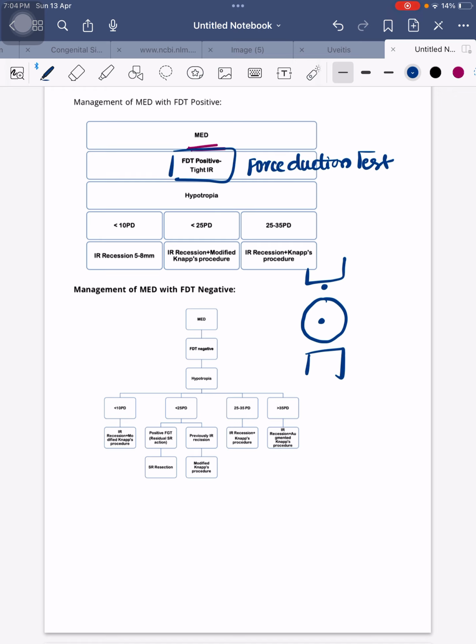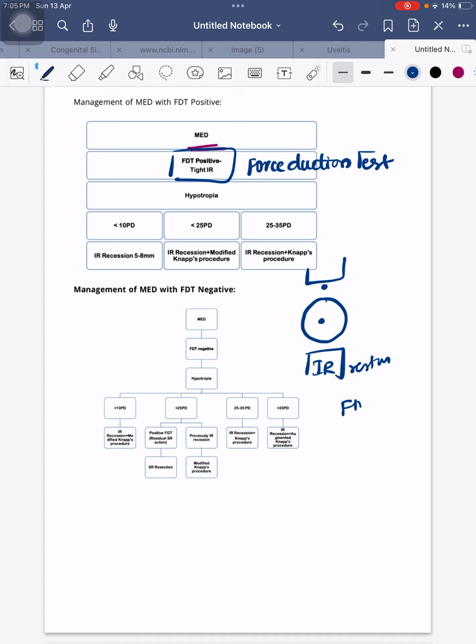What you have to do is hold at the medial and the lateral aspect of the conjunctiva at 3 o'clock and 9 o'clock position and try to move it up and down. Whenever you are moving up and down, you can see there will be a difficulty in moving the globe up because of inferior rectus restriction.